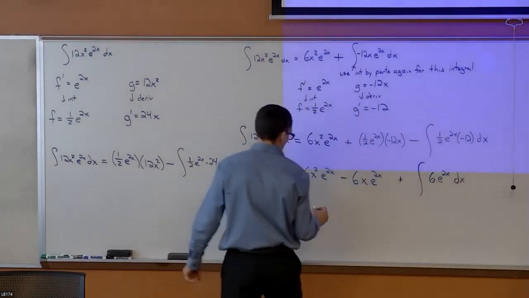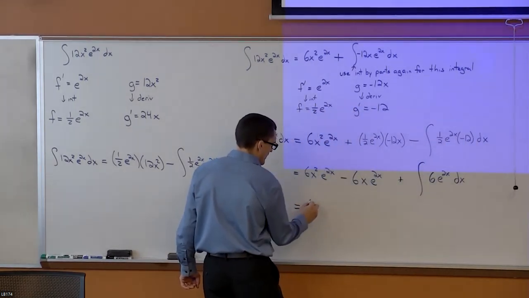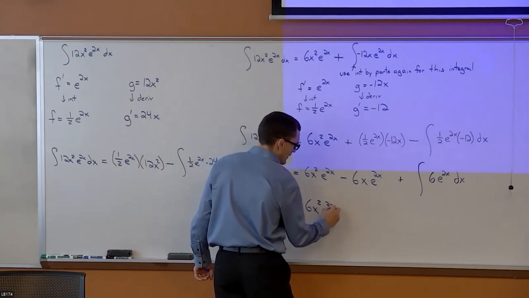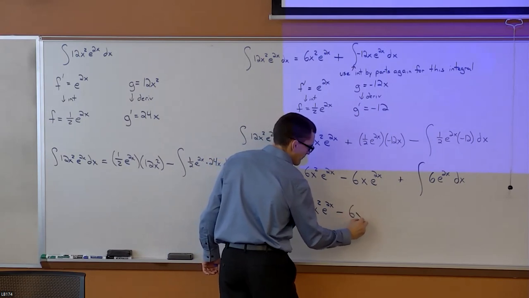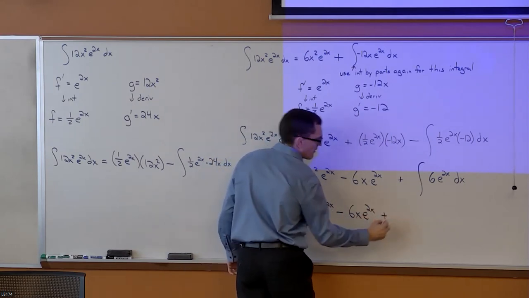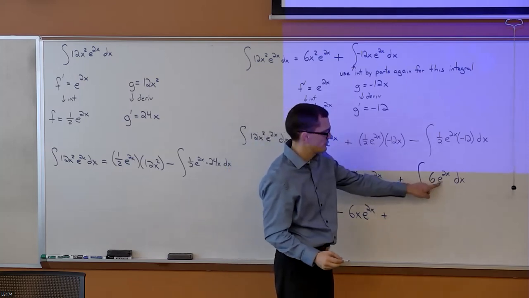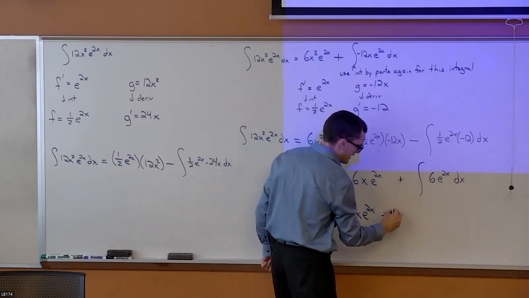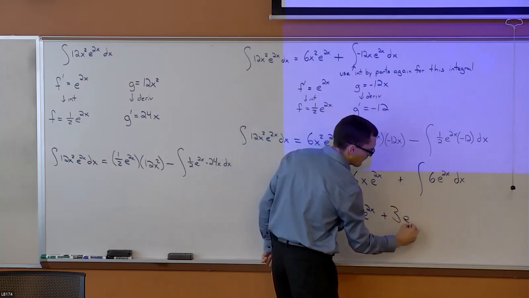Now I integrate and get my final answer. When you integrate this, you get e to the 2x divided by 2. 6 divided by 2 is 3.